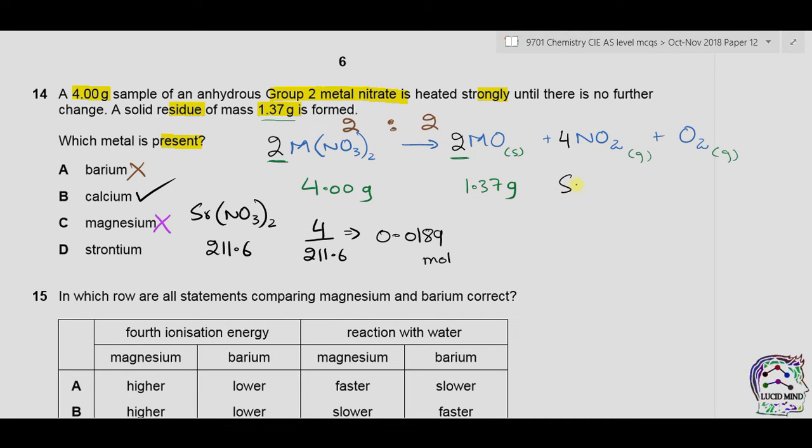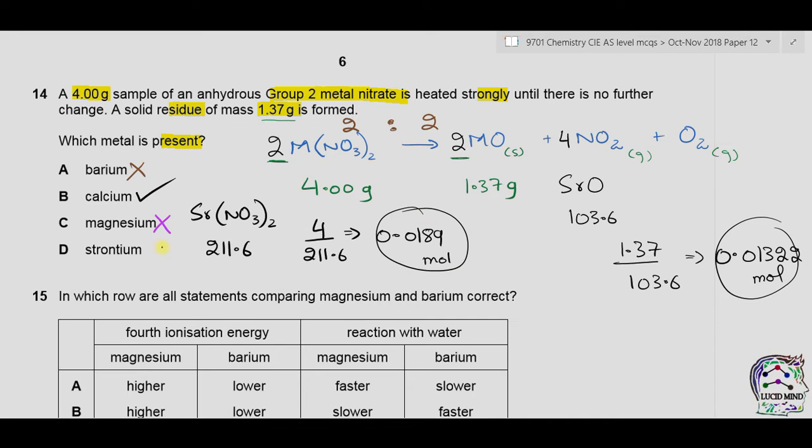Similarly for strontium oxide, the molecular mass is 103.6. Now we can find the number of moles, 1.37 grams divided by 103.6. Number of moles comes equal to 0.01322 moles. So again, number of moles are not same, so therefore D is also wrong. Correct answer is therefore B.